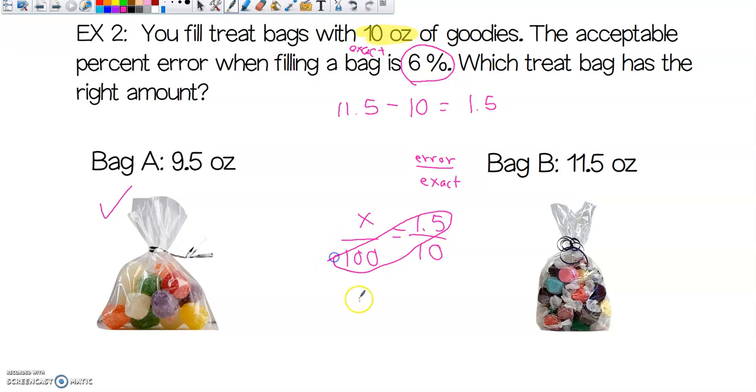Cross multiply. So I have 150 equals 10x. Divide by the odd guy. So 15% is our percent error, which is way too big. We gave this kid way too much candy. So this bag, no good. Percent error is too large.